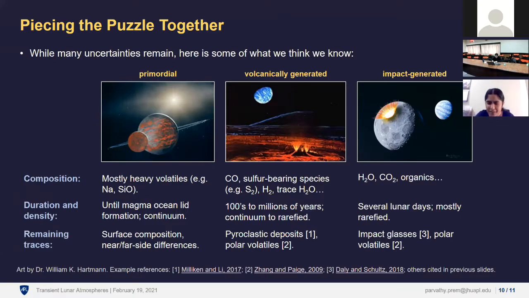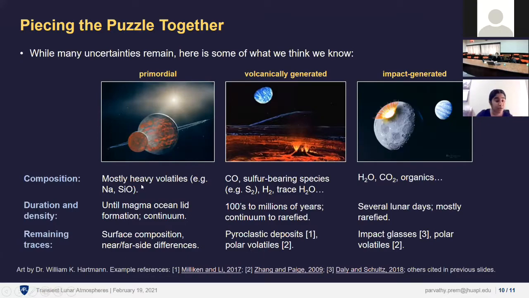Almost everything in here still has uncertainties, but here's what we think we know. We had these three classes of atmospheres that existed at different points in time. We think they varied in different ways, and that affects what we might try to look for in the geological record today. First of all, they differed in composition.